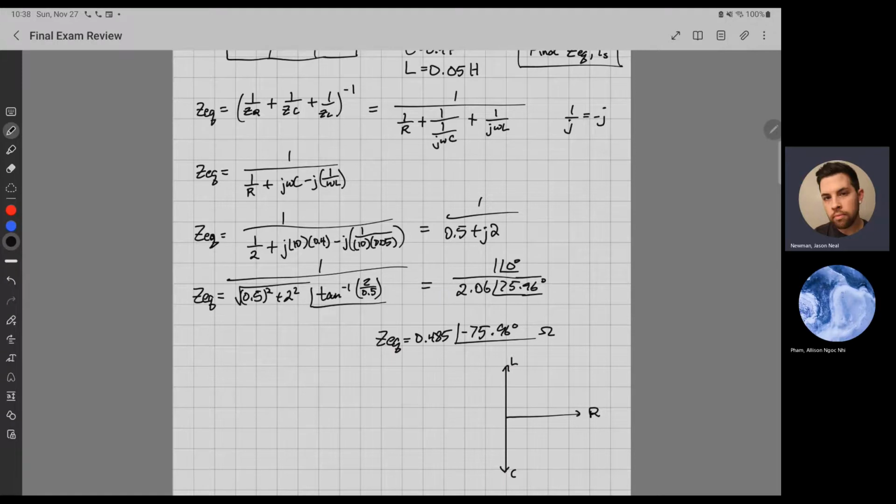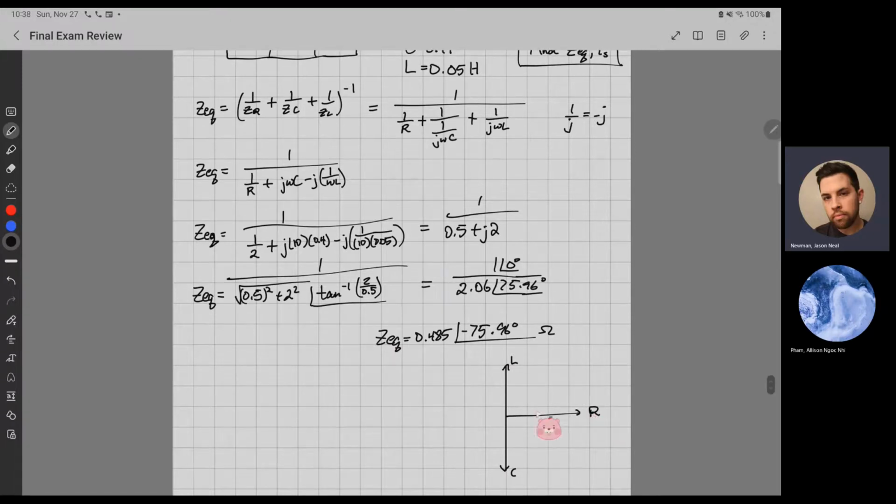So here's L, here's C. So we have a negative 75.96 angle. So that's down here, and that's 75.96 angle. And so this is in the capacitive quadrant. So that means that this is a capacitive load, right?